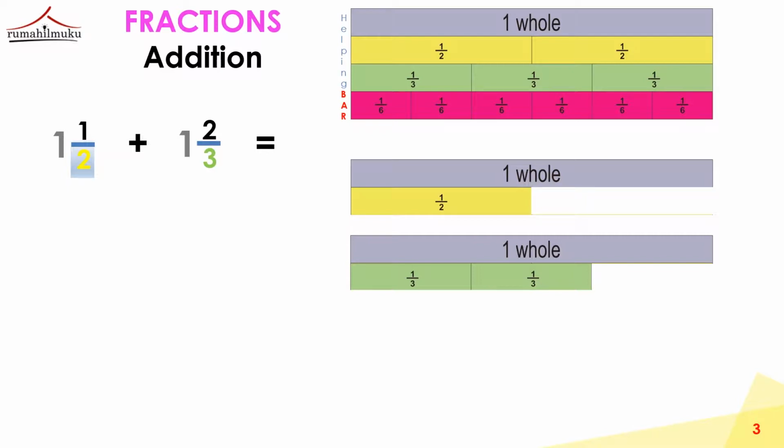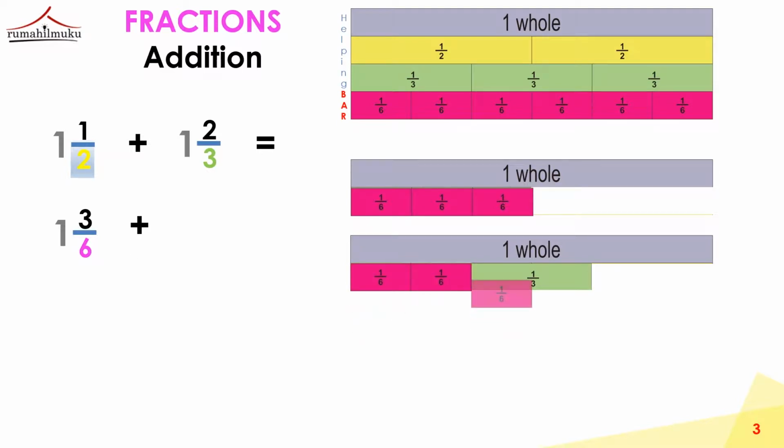Now, 2 and 3 are both factors of 6, so we can make the denominators 6. So one whole and one half can become one whole and 3/6, and one whole and 2/3 can become one whole and 4/6.